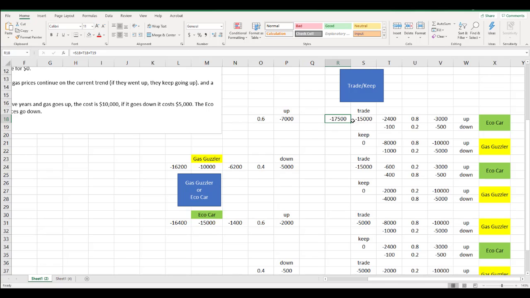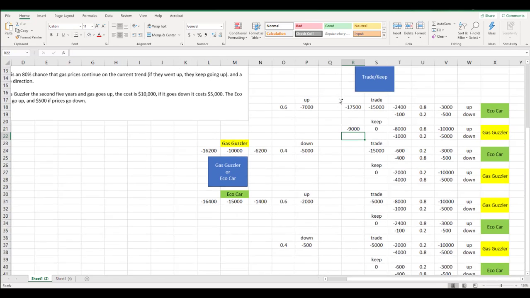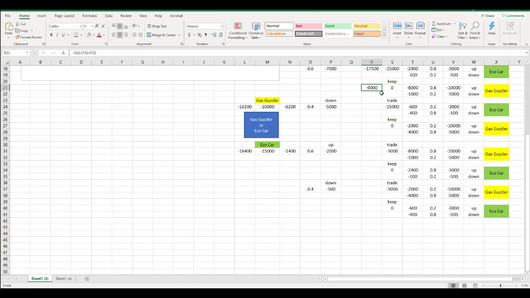This would be the cost of trading. I can drag this down. This is the cost of keeping. Then I can drag all the way down here, and I have some values to remove. Autofill can save you a ton of time.